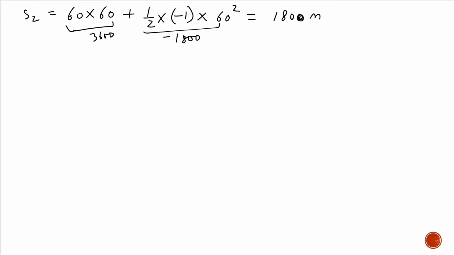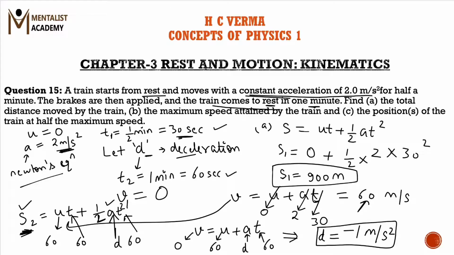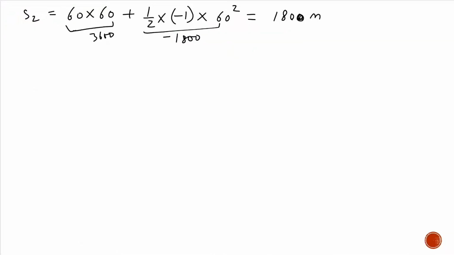So the distance travelled by the train during deceleration is 1800 meters, and after that the train comes to rest. So we have to find the total distance travelled by the train. Let us assume that as S. So total distance would be S1 plus S2. What was S1?